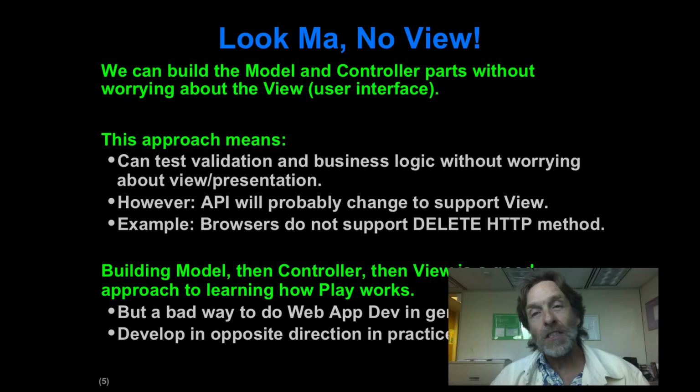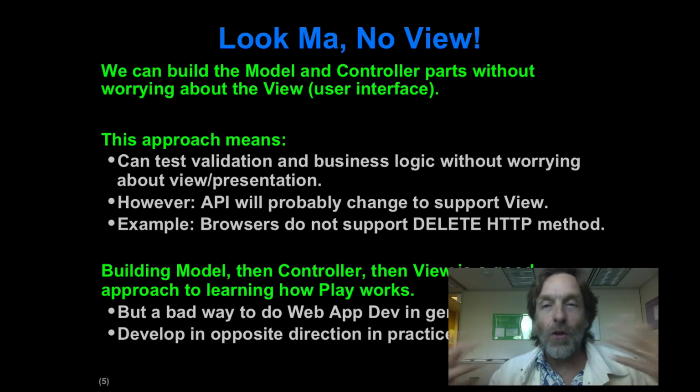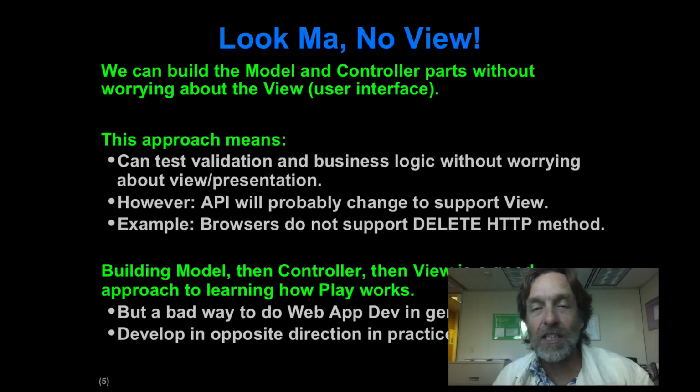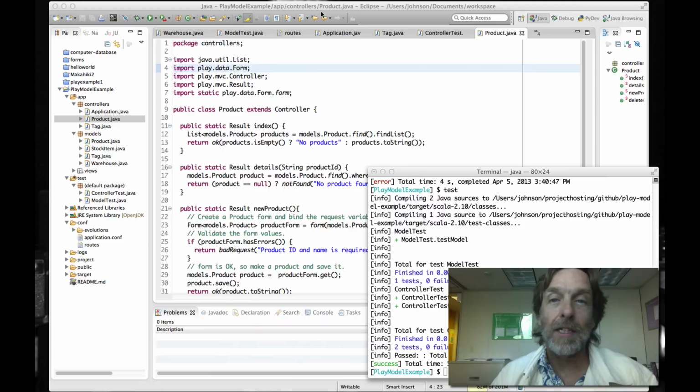Okay, so I just want that to be clear so that you don't think that this is the way we do web application development. We sit there and we create the data model first. Okay, in general, that's not an efficient way to go about it. You should really start at the view at the other end. Okay, but for learning, I think this is a pretty good way to go.